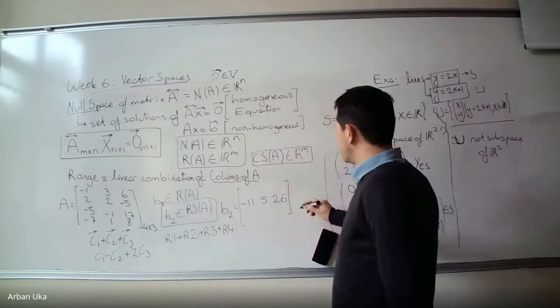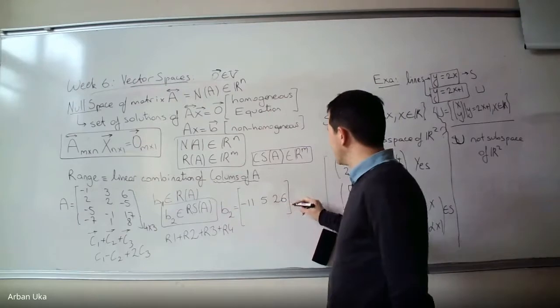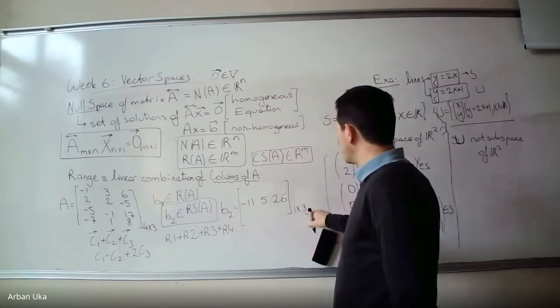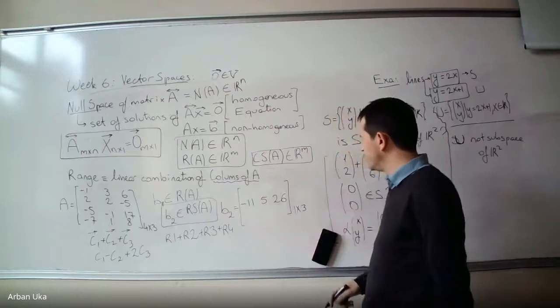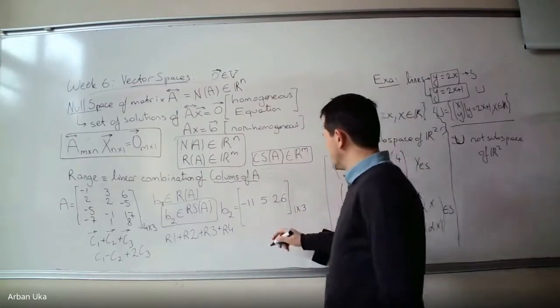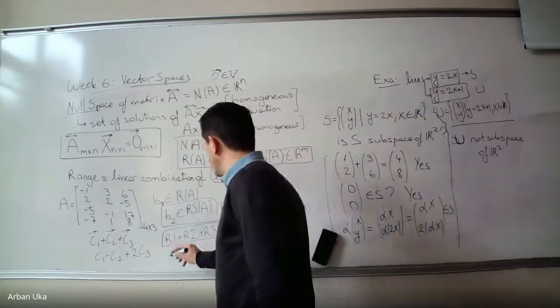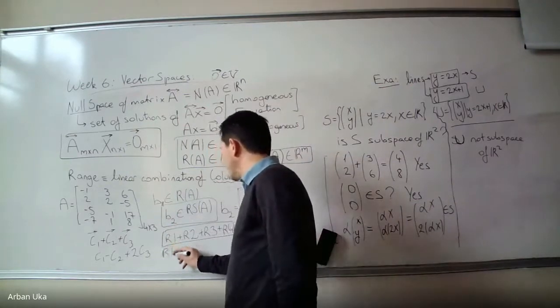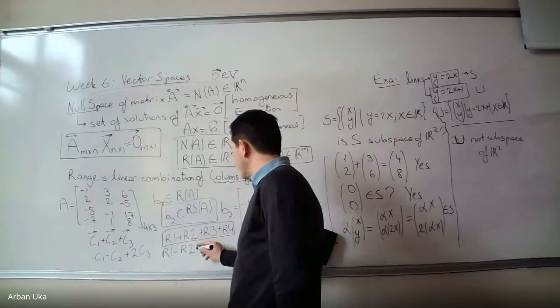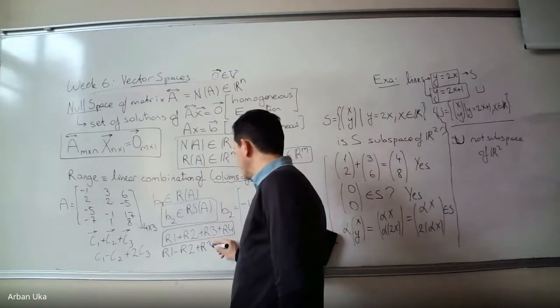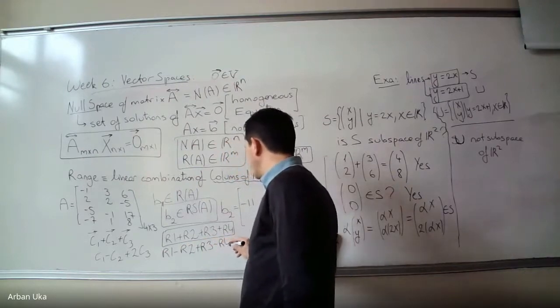So what is the row space of A? A row in the row space of A is 1 by 3, right? 1 row, 3 columns. So this is for B2. What would be another vector? We can even have the following: row 1 minus row 2 plus row 3 minus row 4.